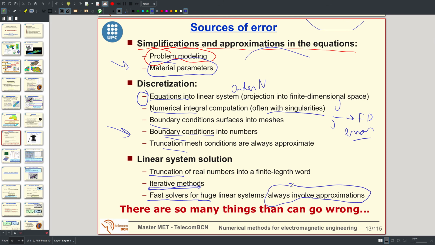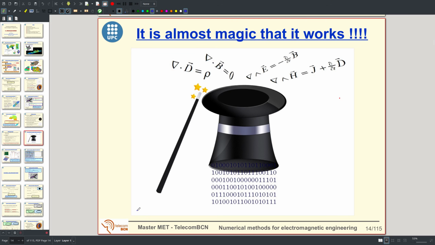So we always introduce error with fast solvers. So there are many, many sources of error. There are so many things that go wrong, and I made a joke here, that it is almost magic that it works. It's very difficult to have everything working in a real life system.